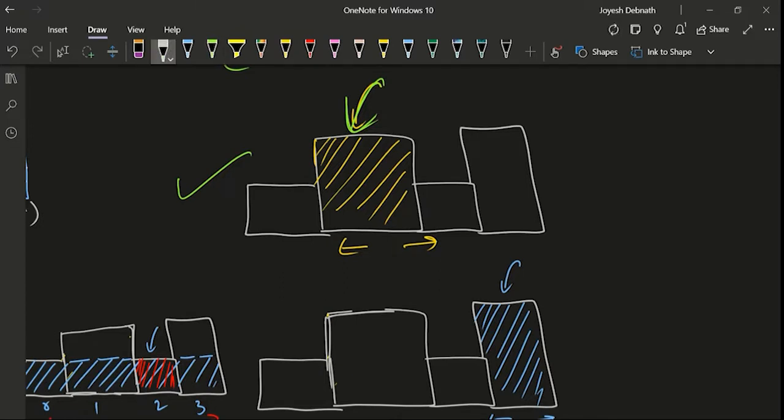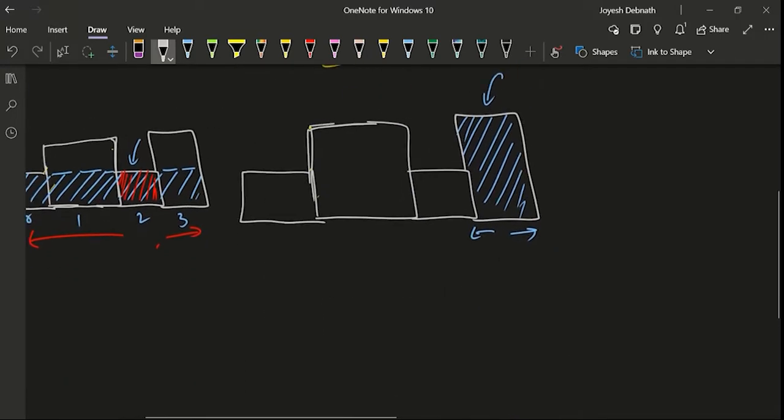So if I consider this block, we can see that it is contributing to this much area only. Why? Because it cannot contribute to the previous blocks or next blocks, as they are smaller than it. So this particular block will contribute to this much area only.